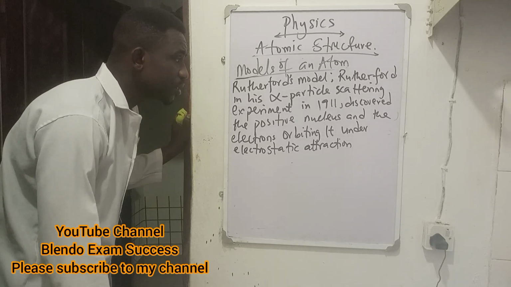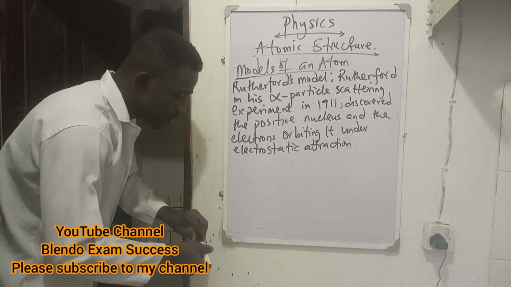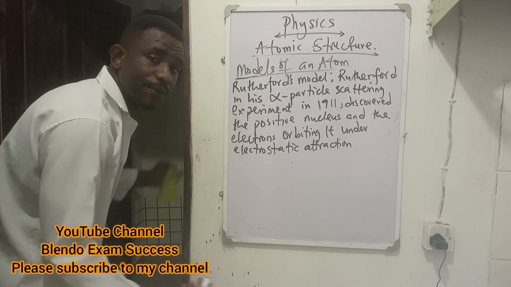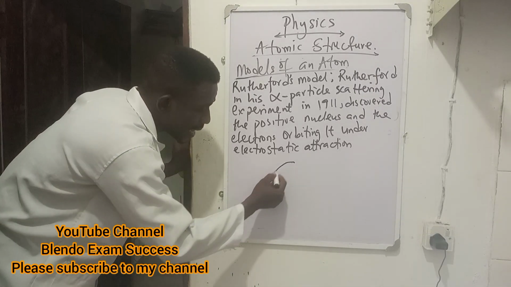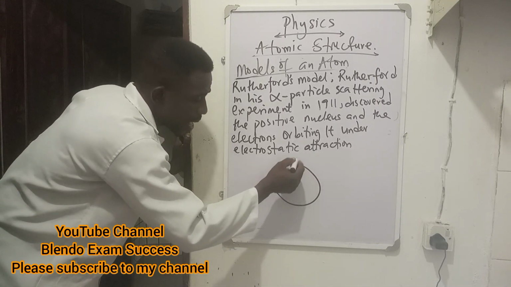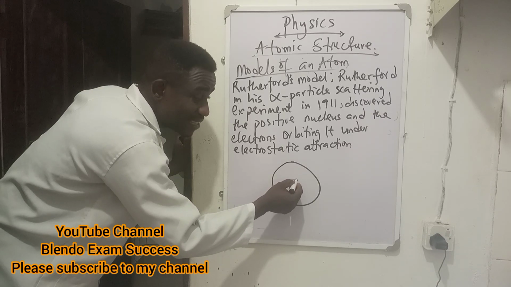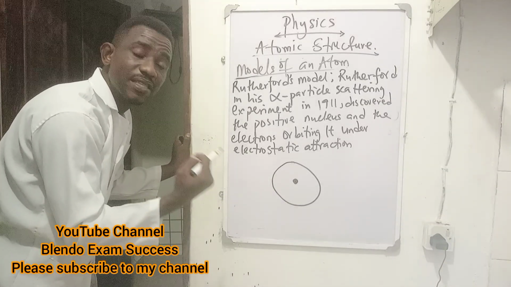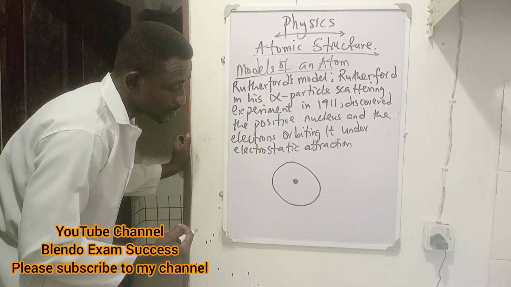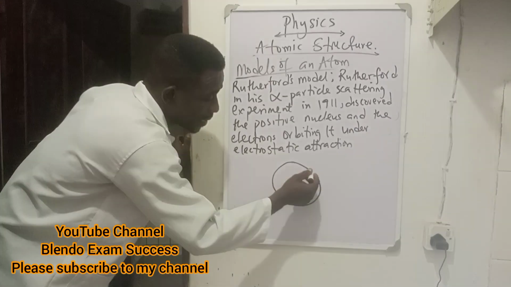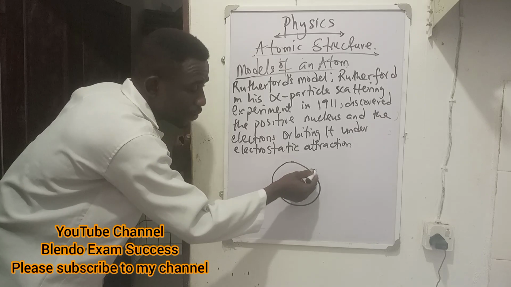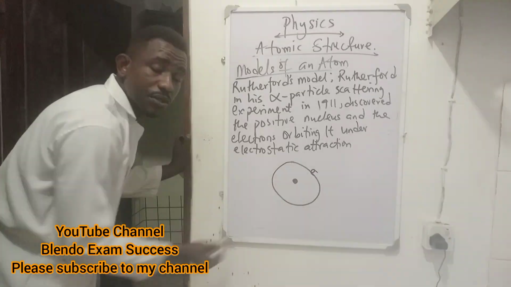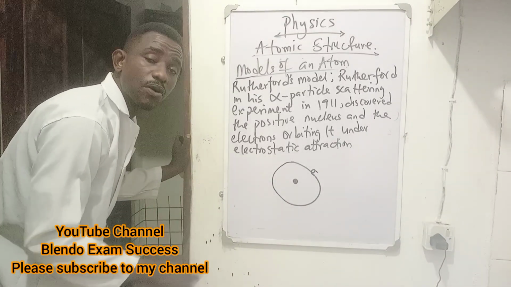Okay, he was able to discover that an atom has a central, positive core, and electrons revolve about the positive central core.